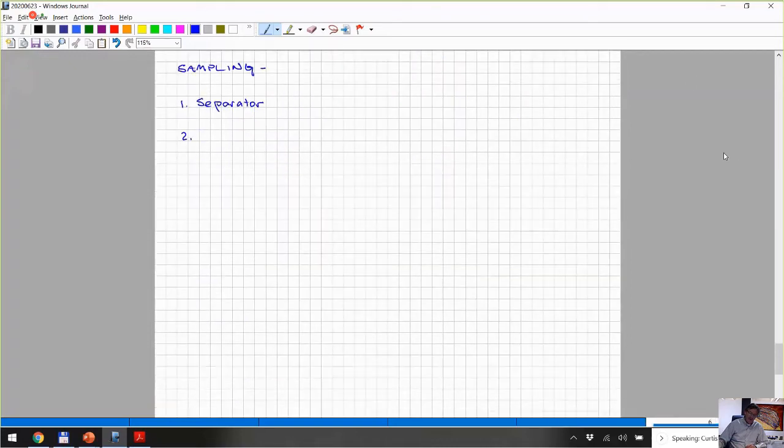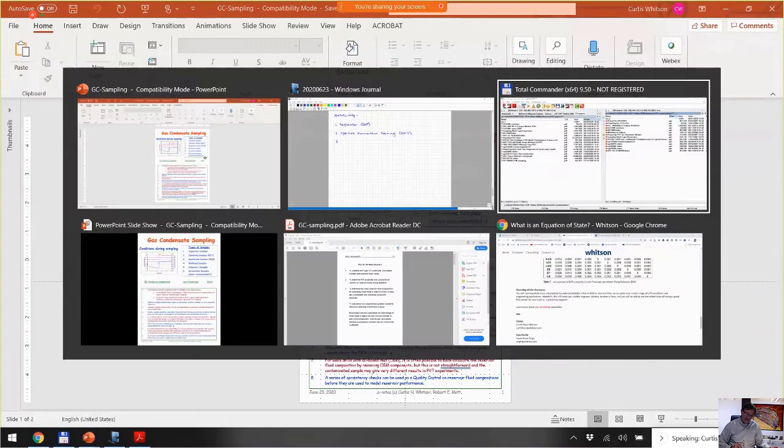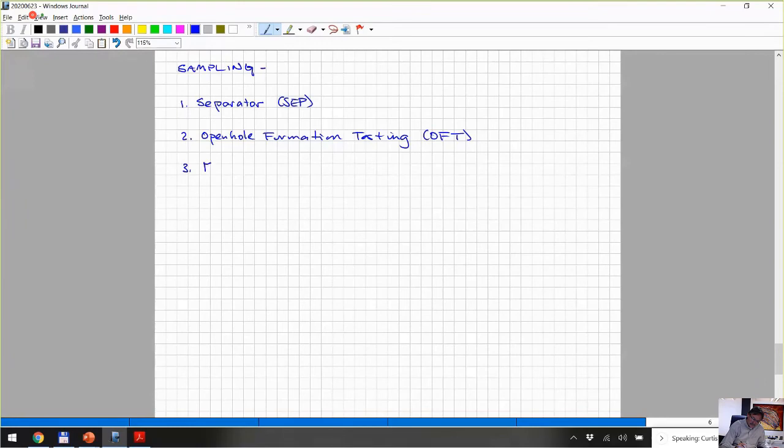So on the sampling methods that we had listed, basically we have open hole formation testing samples, and this is referenced as SEP. And then equilibrium contact mixing, ECM, which is probably the one that you've never heard about.